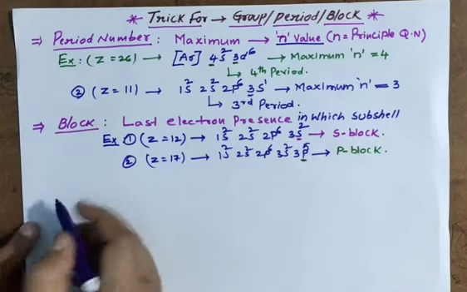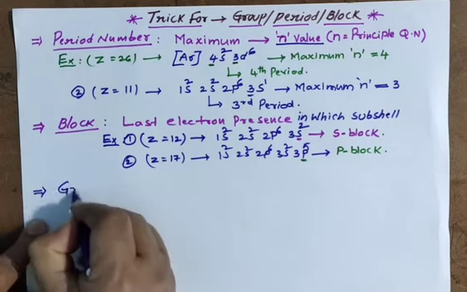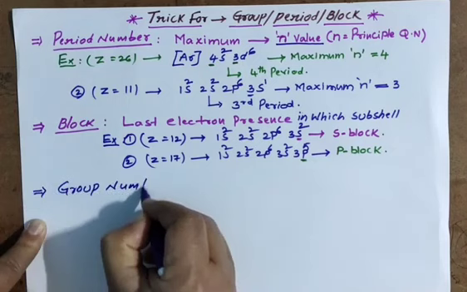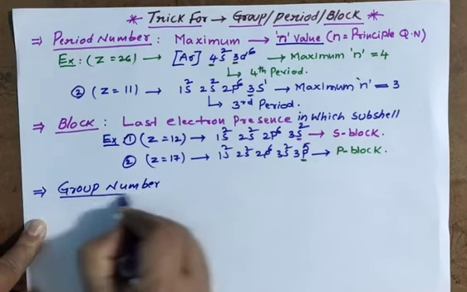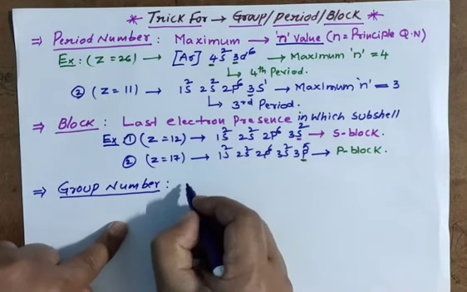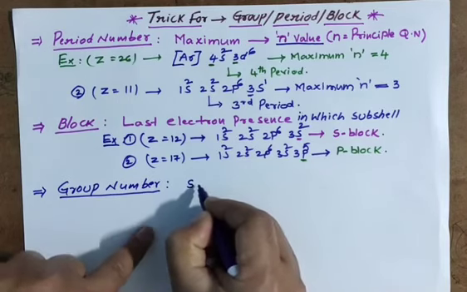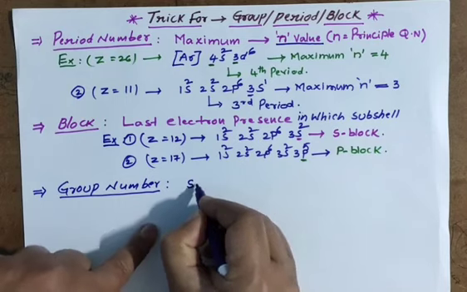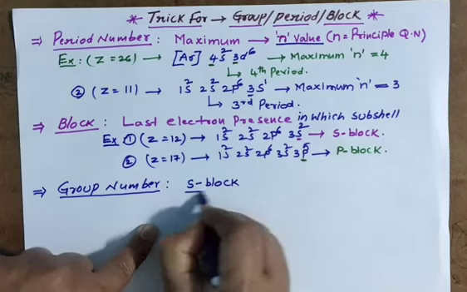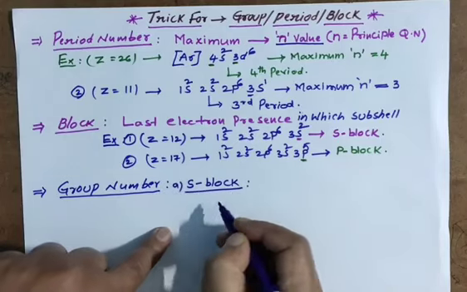Next, the most important thing is group number. So prediction of group number is very important. It is different from block to block. First I am explaining group number. Very simple. First I am taking s block.